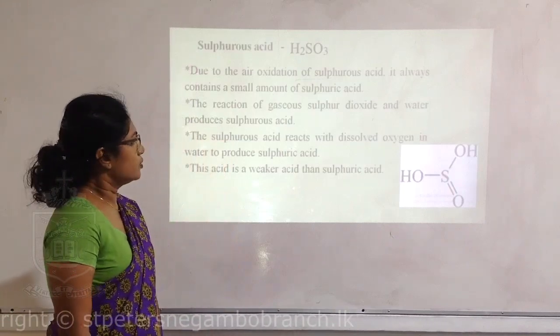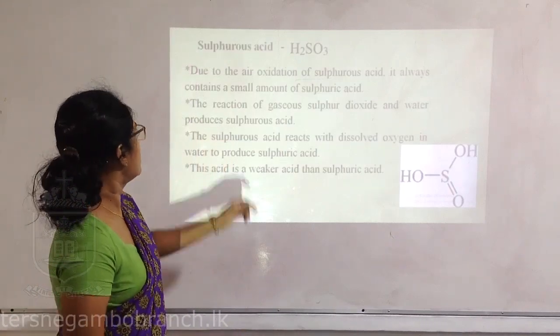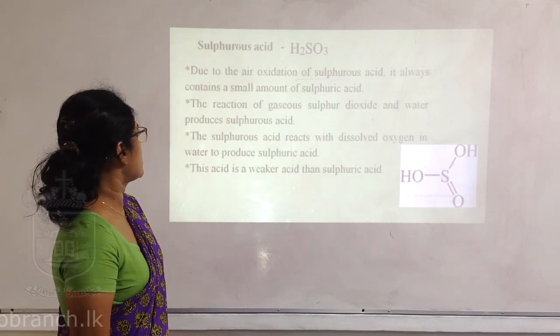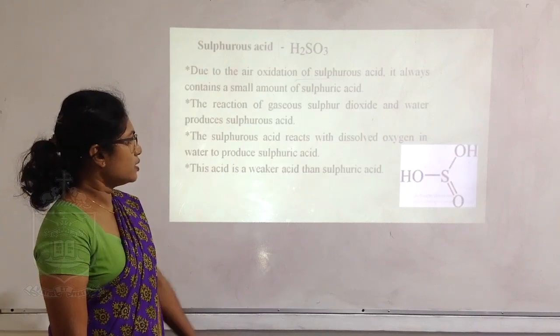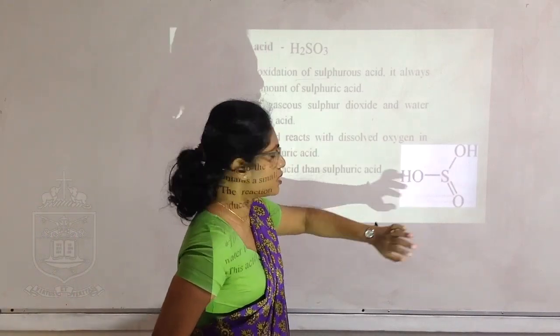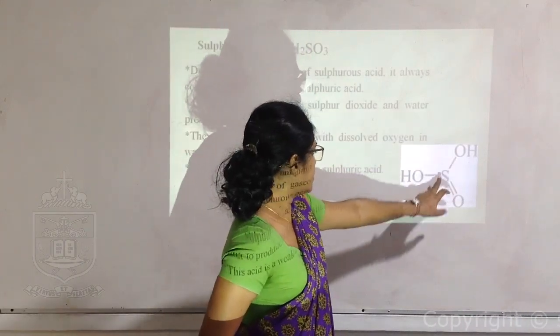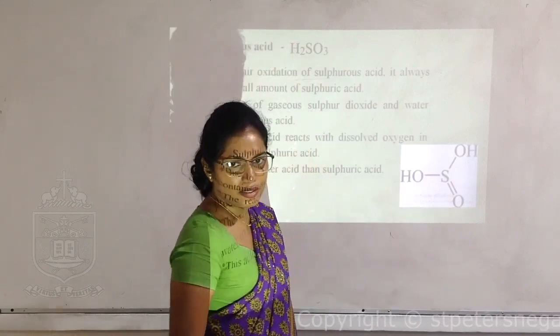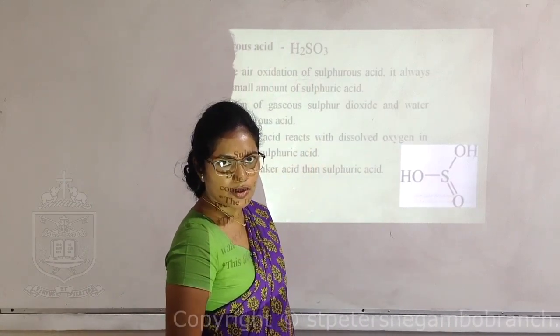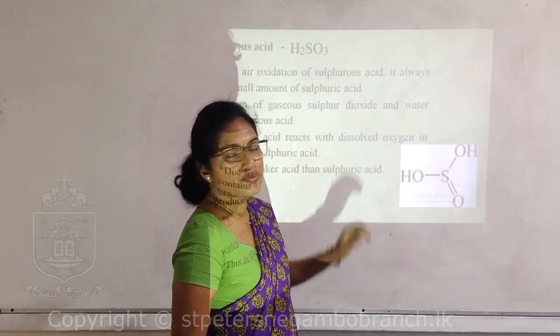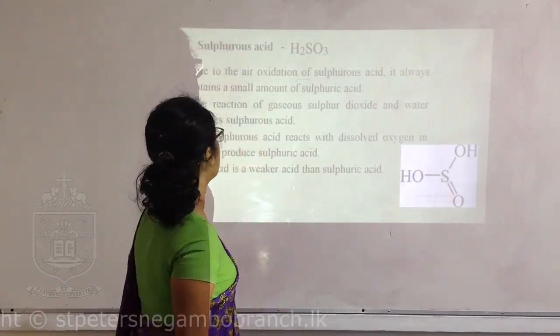Now, if we take sulfurous acid, this is the structure of sulfurous acid. It contains only 3 oxygen atoms, but sulfuric acid contains 4 oxygen atoms.